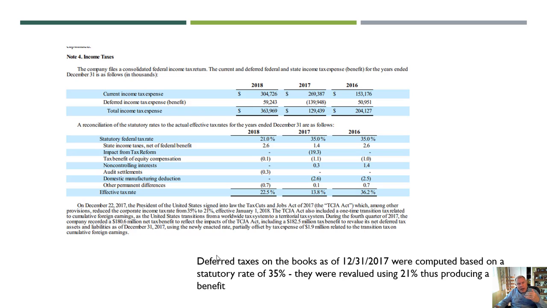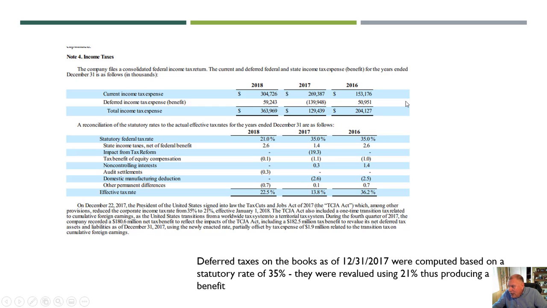So when these items reversed, that deferred tax liability out there was computed at 35, it was recomputed at 21, and that reduced the tax provision that year.